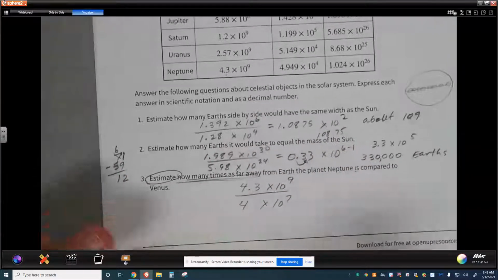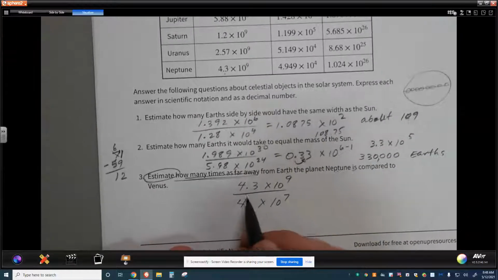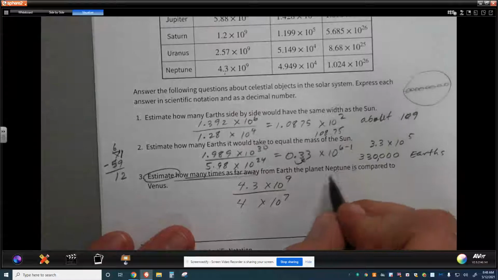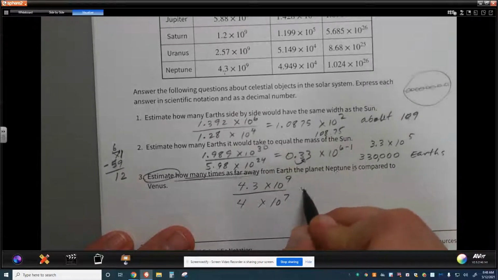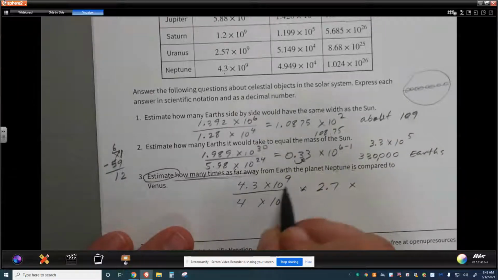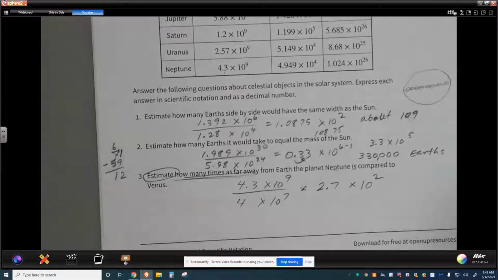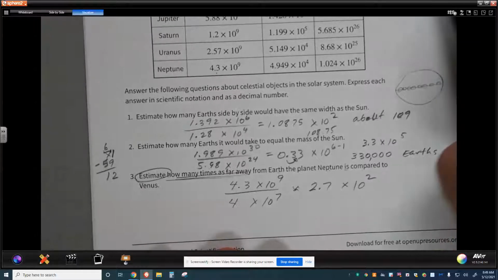Beautiful part again. Estimate 4 and 3/10 divided by 4. I can say that 3/10, that's about 30 divided by 4. It's going to be about 7. So I would see this as approximately 2 and 7/10 times 10 to the 9th divided by 10 to the 7th, 10 squared. I'd say around 270 times. Let's see how close I am.